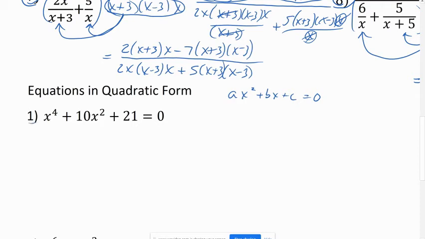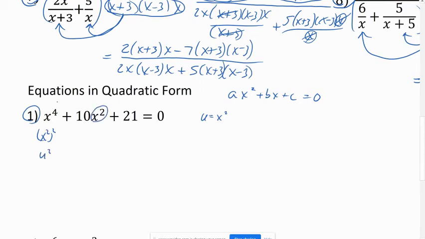For example, with problem number 1, this is not a quadratic equation because it has a 4th degree in it. But if we do a simple substitution, if we say u is equal to x squared, look at what happens. This is really x squared squared, so that is u squared.